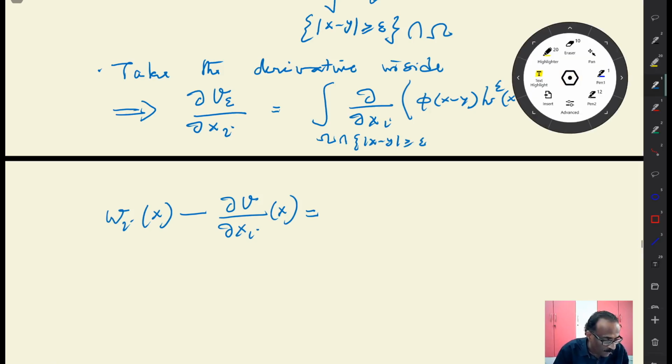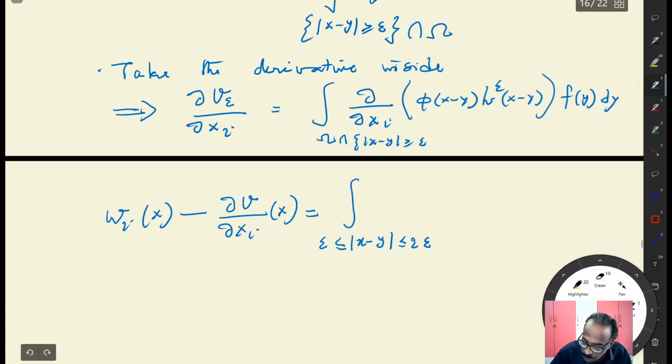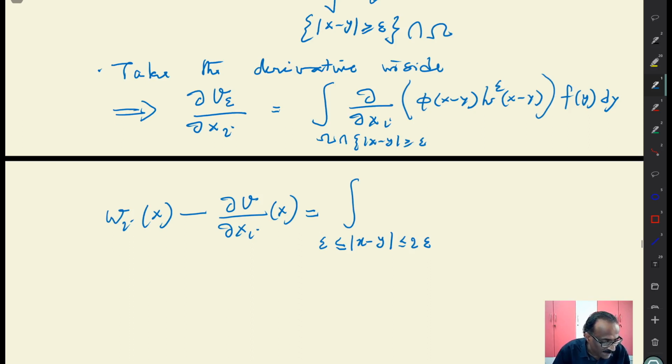So I will get only the integral over the region less than or equal to 2 epsilon. The singularity is removed, and away from this it is also removed.